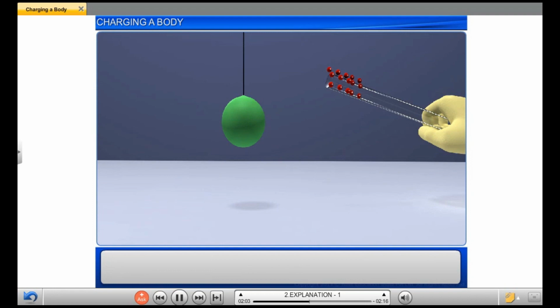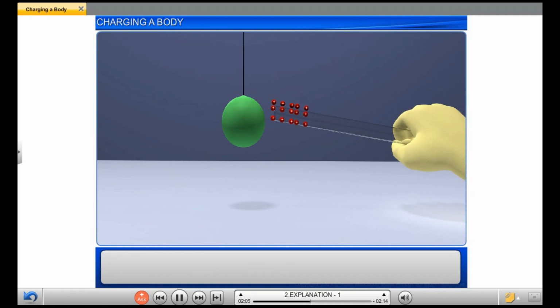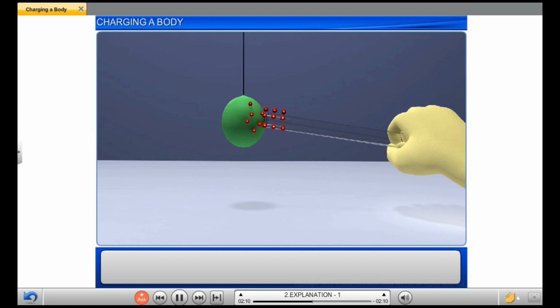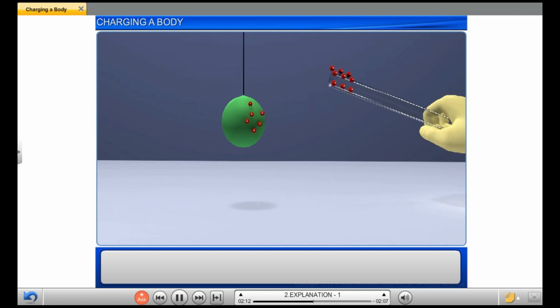In this case, some electrons are transferred from the pith ball to the glass, and thus the glass becomes less positively charged by gaining the electrons. We observe that both bodies involved in this method of charging by conduction acquire the same type of charge once the process is complete.